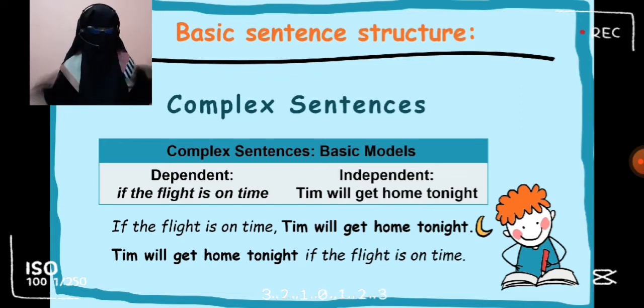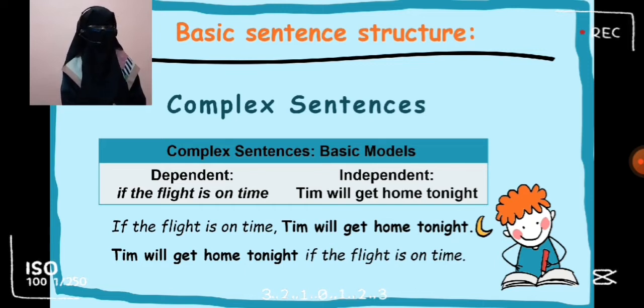Is that so? Then what happens? For that, we need more information. And the independent clause: Tim will get home tonight.